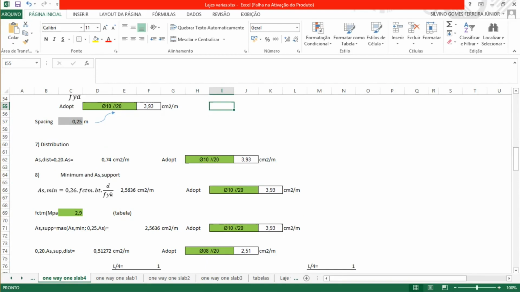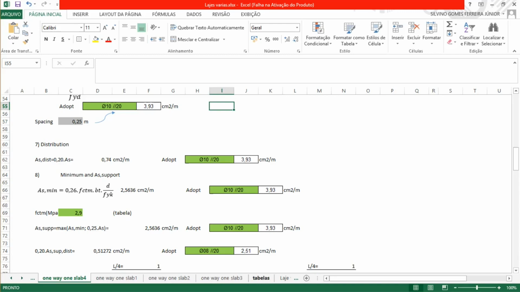The minimum reinforcement is equal to 0.26 multiplied by FCTM multiplied by the tension zone B multiplied by the effective depth divided by FYK. And this FCTM you get from the tables too in the Eurocode.